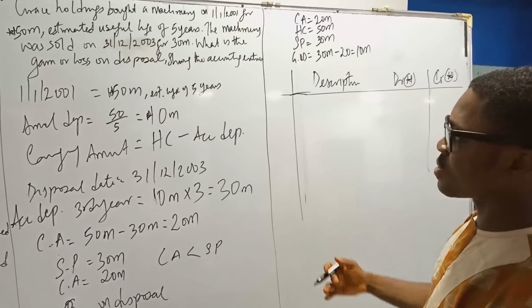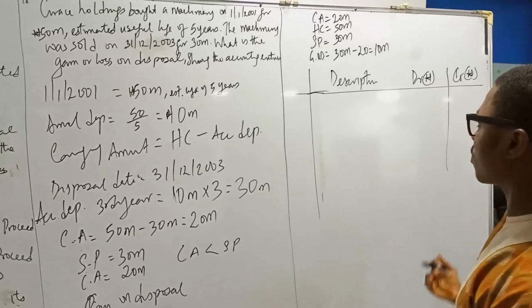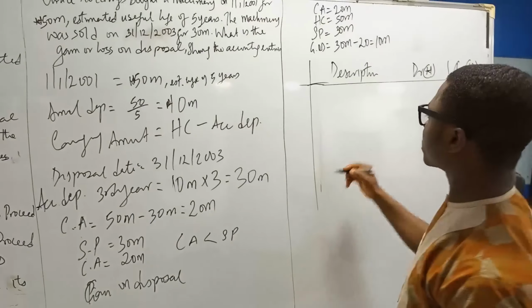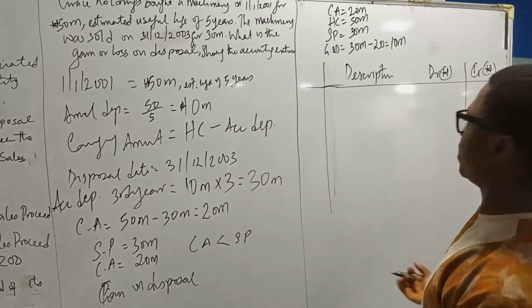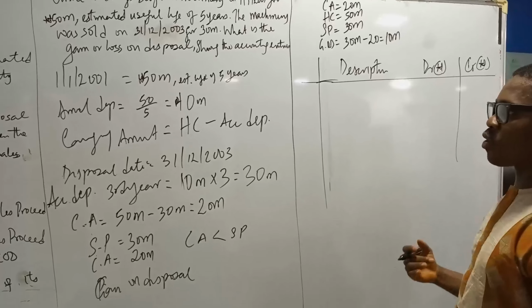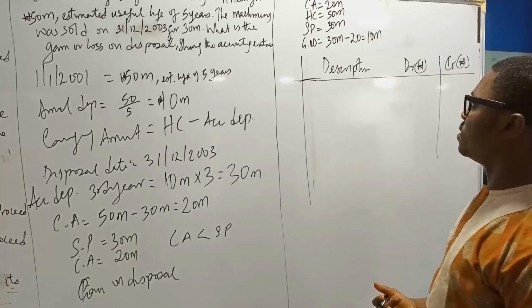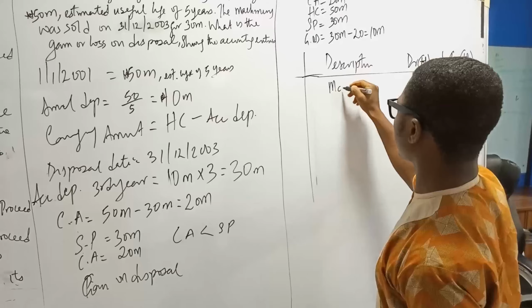First thing we need to do is to credit the general ledger of the asset, machinery, 50 million, because the asset is disposed.